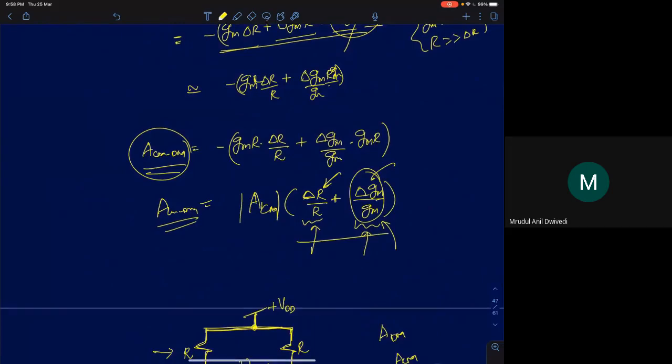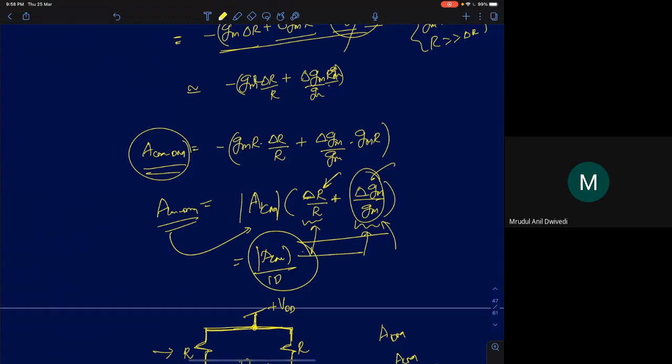For example, if I have a 5% mismatch in the resistance and 5% mismatch in the transconductance, what do you think will be ACM-DM in terms of ACM? It will be 10%, so mod of ACM by 10. You should expect 1/10 of ACM.